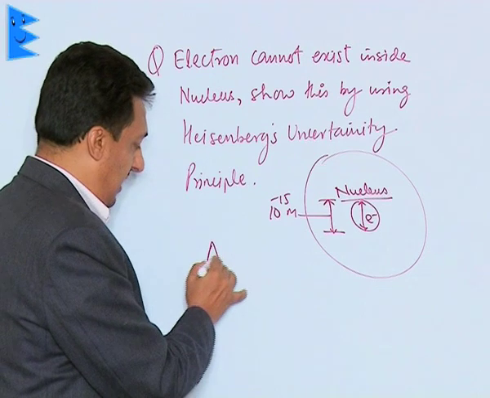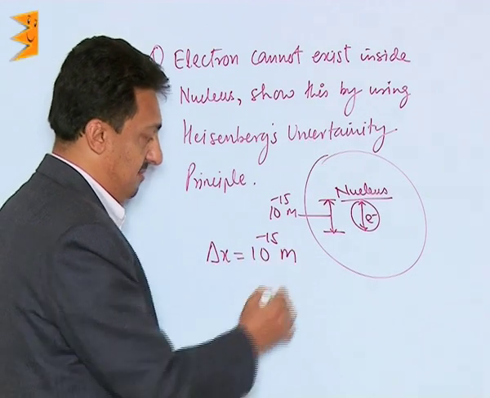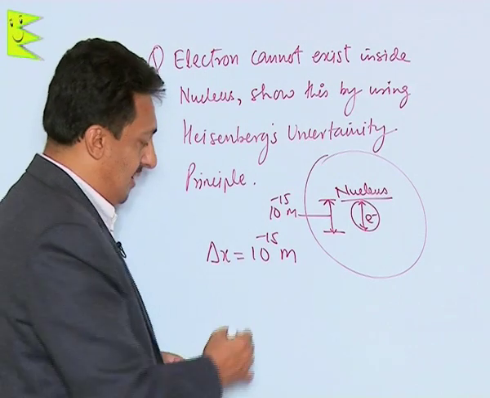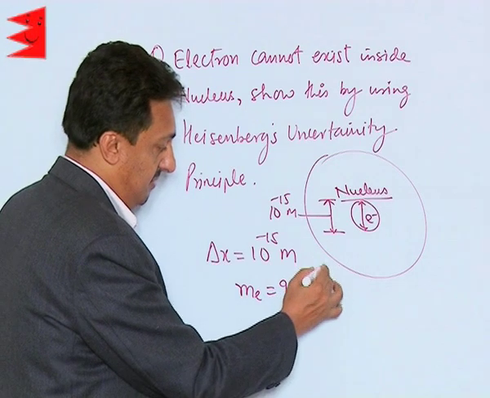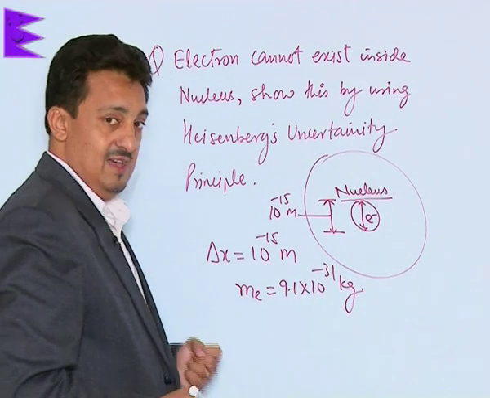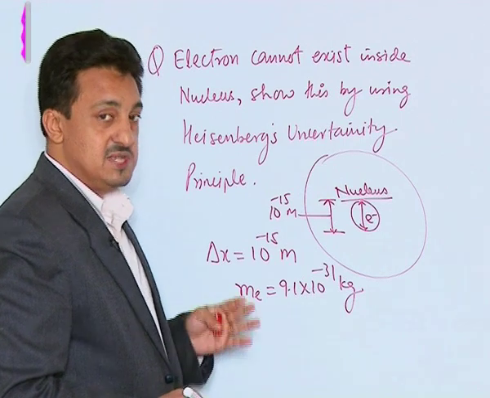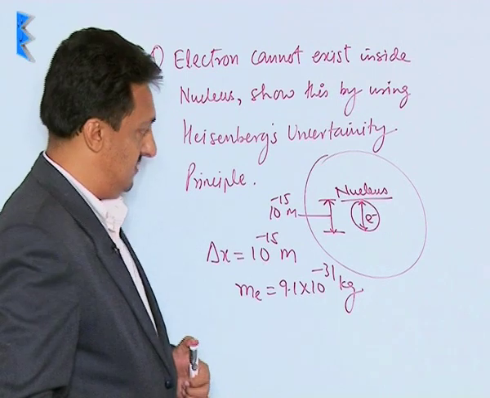So we can take the uncertainty in its position to be equal to 10 to the power minus 15 meters. We also know the mass of the electron is 9.1 into 10 to the power minus 31 kg. Now with the help of this data, let us find out the uncertainty in the velocity of the electron, which will be associated with it.